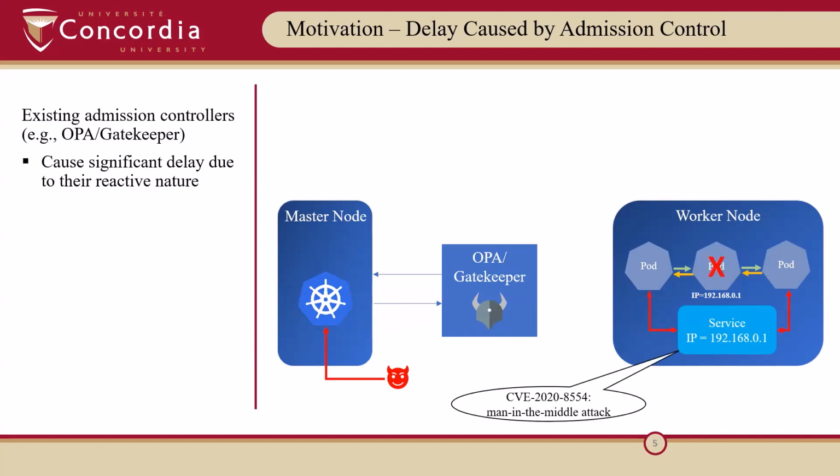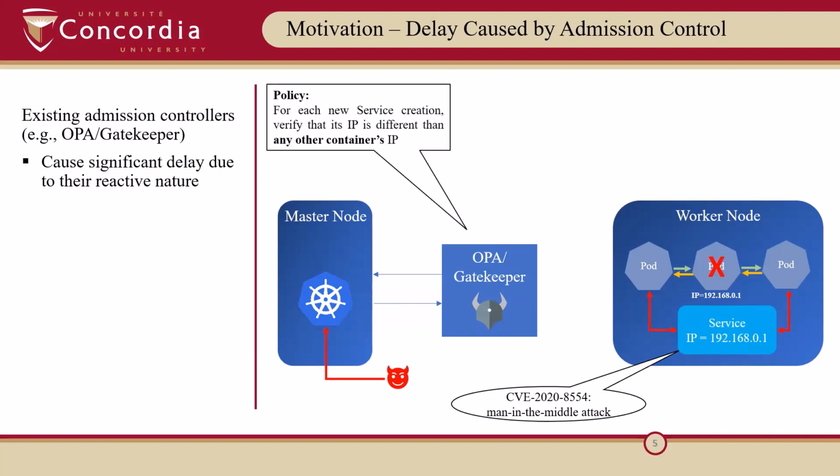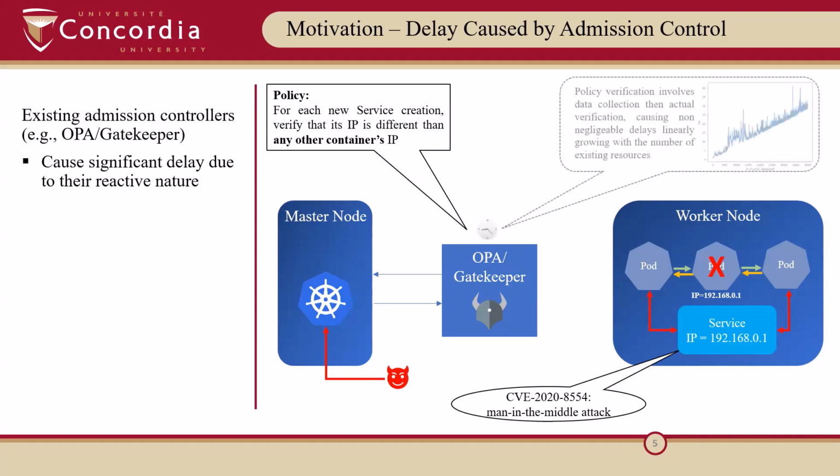This is called CVE-2020-8554, a known vulnerability in Kubernetes. The policy we enforce in OPA Gatekeeper needs to verify that any service creation has a different IP than the existing pods, because otherwise we're going to hijack that container.